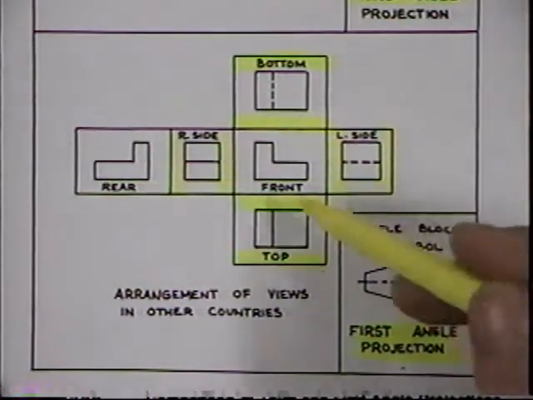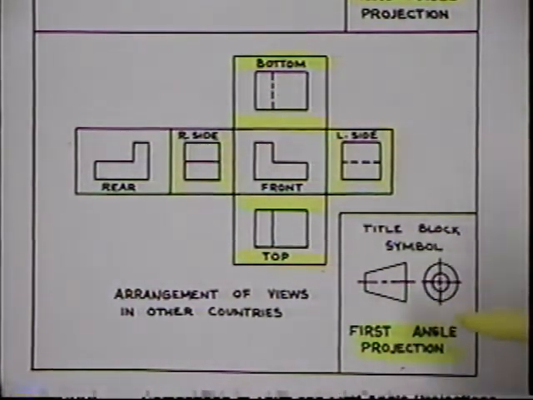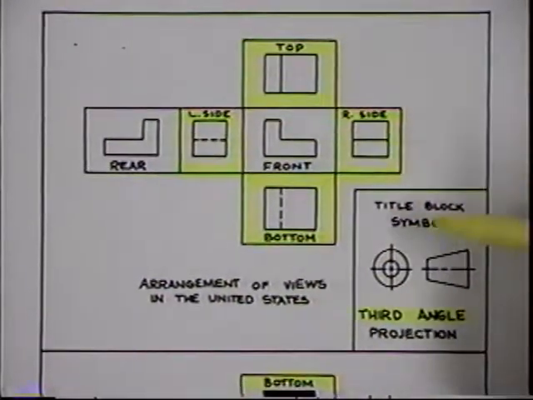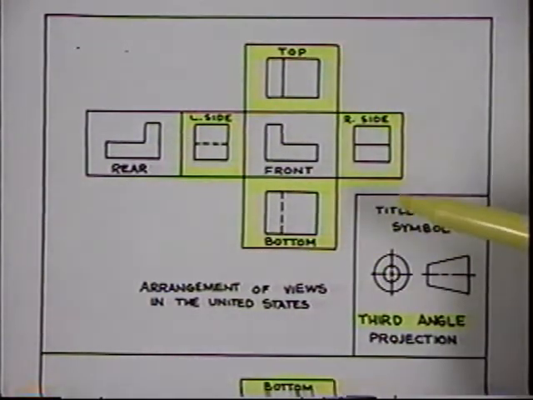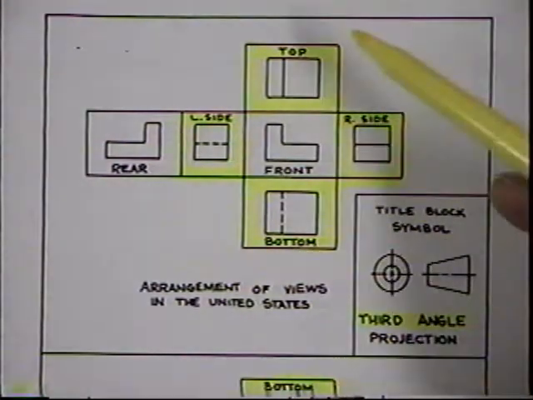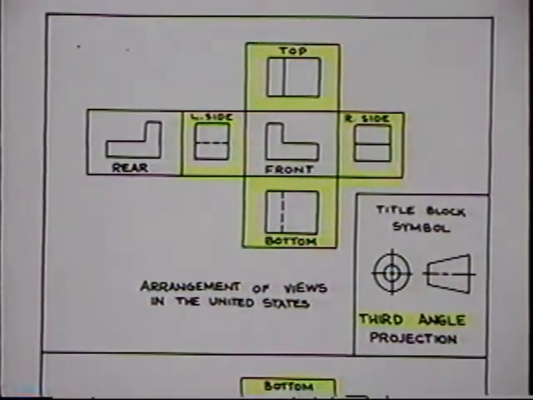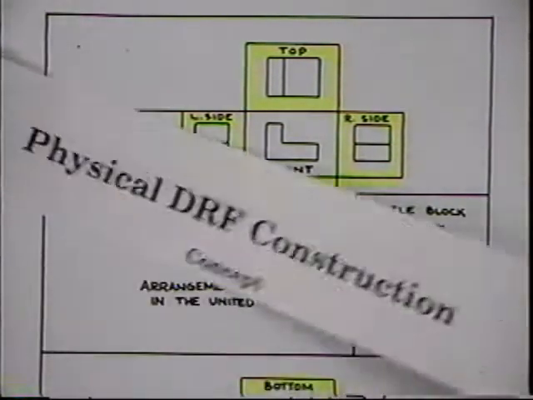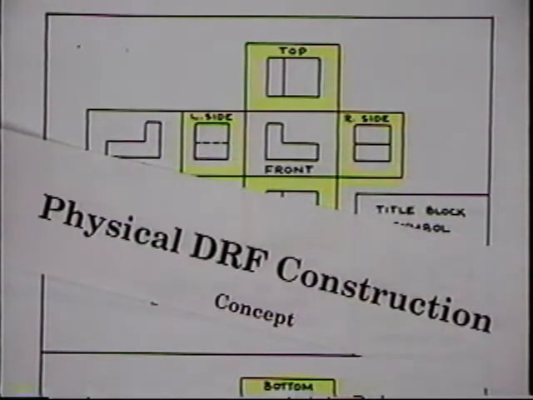Now, three-quarters of the world uses this first angle projection, but the United States and Canada pretty much use third angle projection. Now, third angle projection is definitely the more logical, and it's the one that we work with the most often. Okay, so that's one application of the datum reference frame construction, the use of first angle and third angle projection.